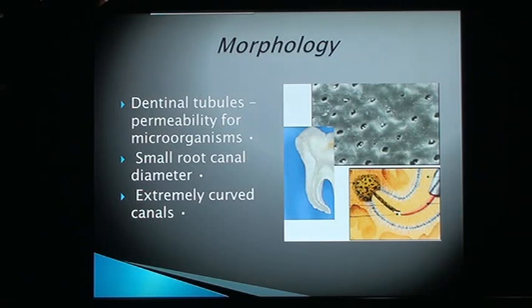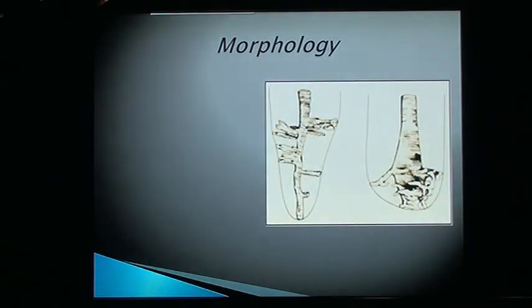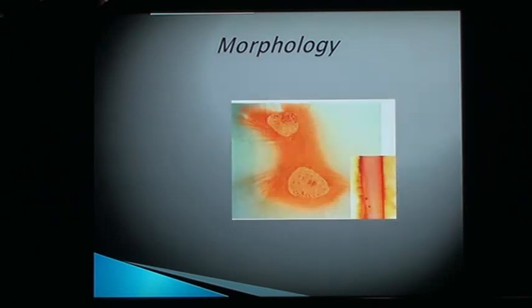Extremely curved canals, also additional lateral canals. Here we can see that sometimes we cannot reach the bacteria inside these additional lateral canals. We cannot reach them by our irrigation solution.